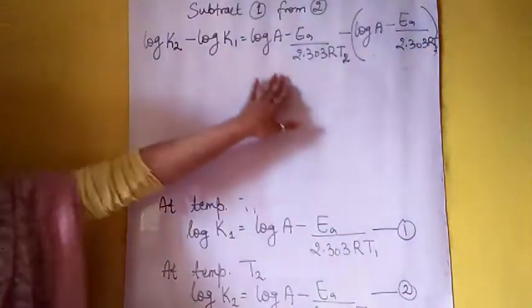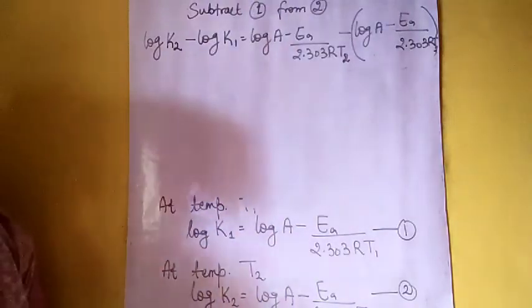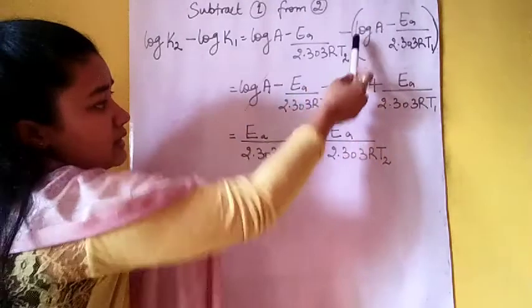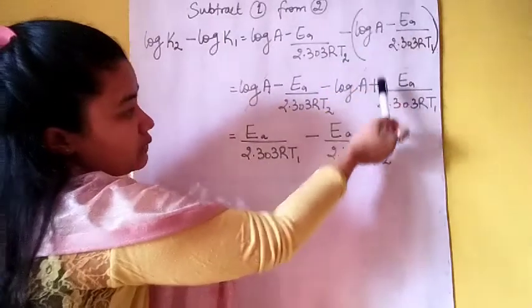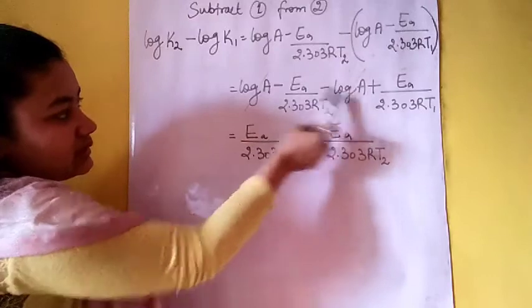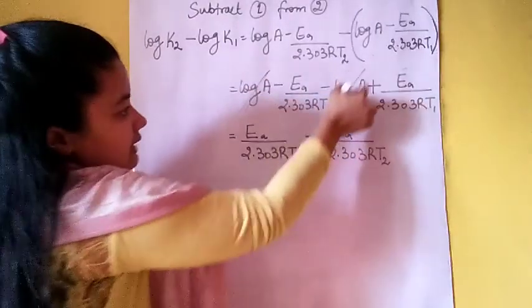So subtracting 1 from 2. Now if we open the bracket, this will become minus log A, and minus minus will become plus, right? So this is plus log A and minus log A, and this will be cancelled, right?